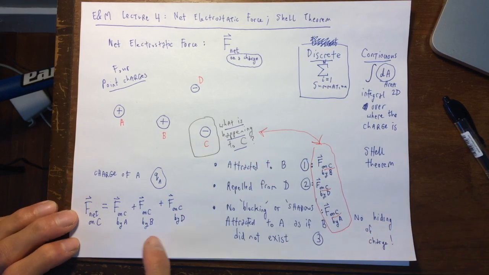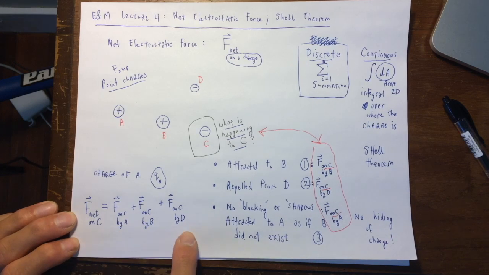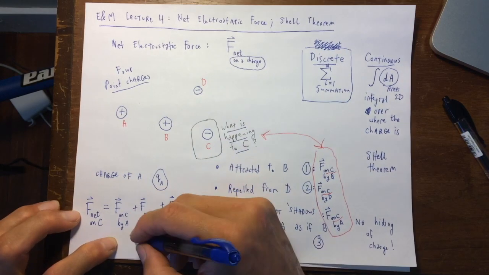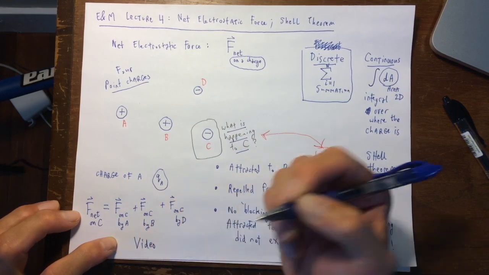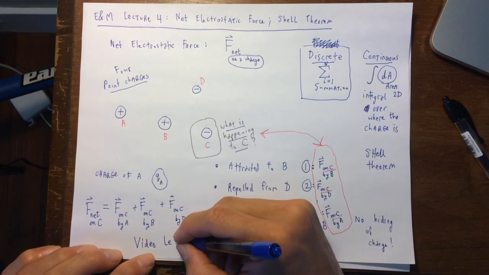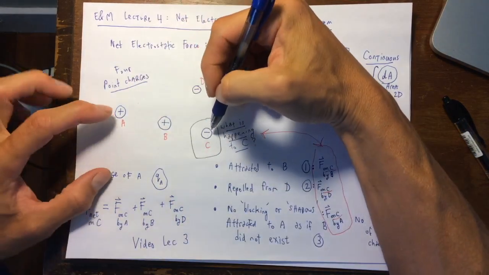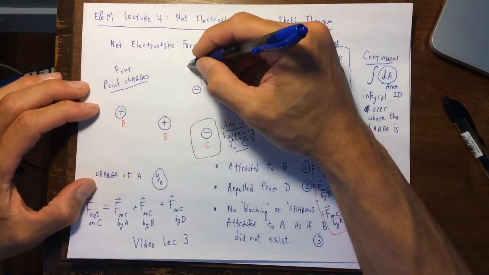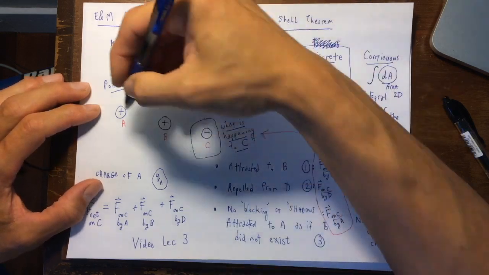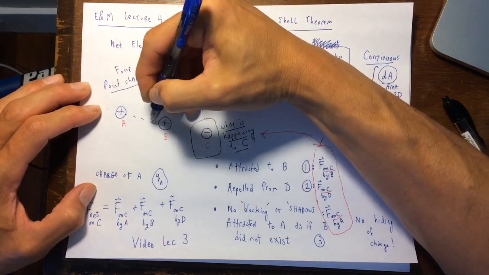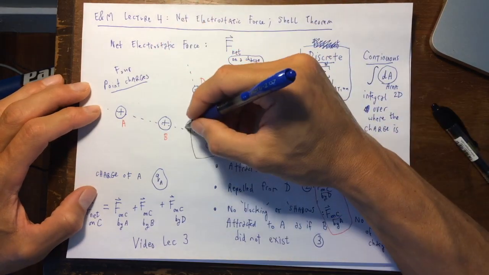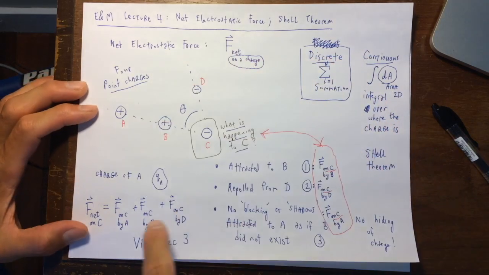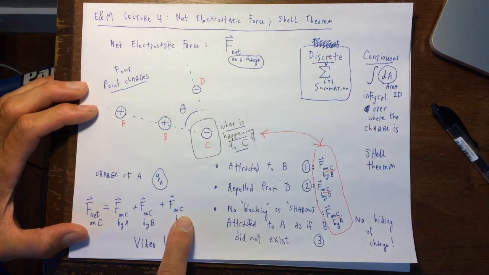So what I need to do is add up these 3 force vectors. Each of these force vectors you can get if you had information about distances between the charges, but you also need to know something about the angle, right? Or maybe the coordinate locations of the charges, because really this is a vector summation.